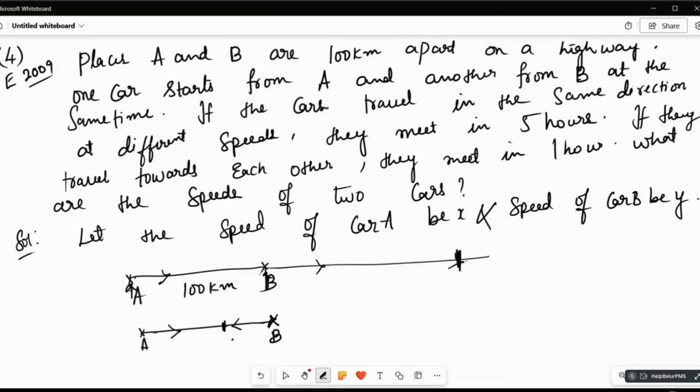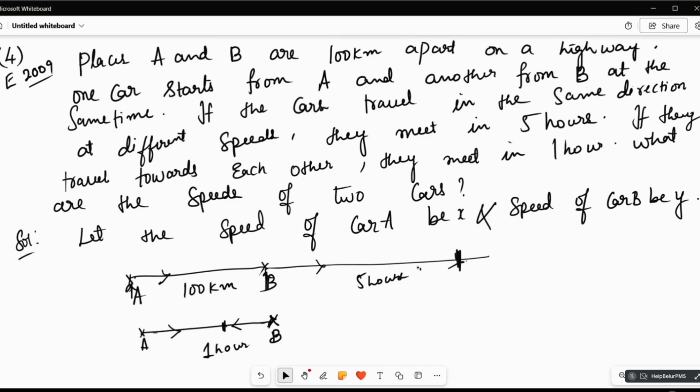Now they will meet after 1 hour. In the first case they will meet after 5 hours. So what is the speed of car A and car B? Understood? This is an exam question only. This is how they give the questions.